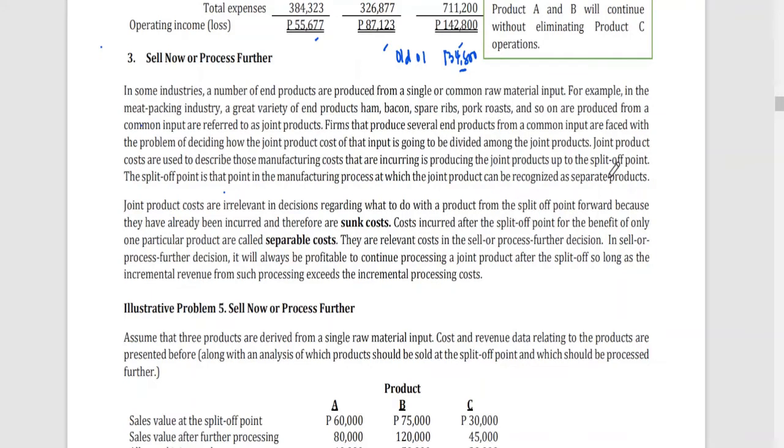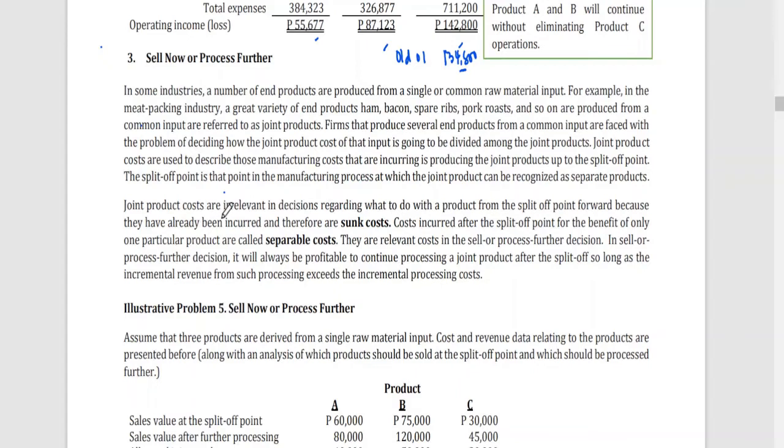So, gikan sa meat, na segregate tong mga types of meat niya asa siya padung as end products. Kaya di man siya automatic nga pagka-process sa meat kaya nahimo na dayon siyang bacon, nahimo na dayon siyang spare ribs. So, after the split off, ma-identify na dito unsa man nga klase sa mga meat ang kinahanglan for each type of end product. So, lahi-lahi ang magamit sa ham, lahi-lahi ang magamit sa bacon, of course sa ribs ang magamit. Then later on, pag i-process further, mahimo na gid siyang ham, mahimo na siyang bacon, mahimo na siyang spare ribs.